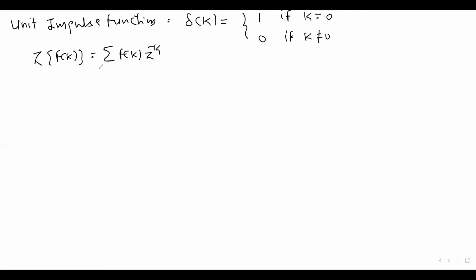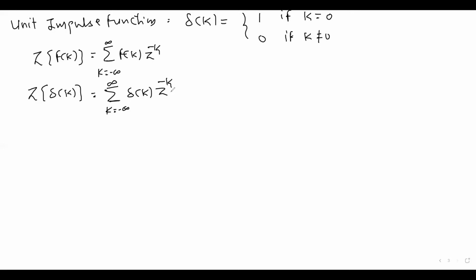It means the domain is k running from minus infinity to plus infinity. Now put the value. f of k is delta of k, equal to the summation, k running from minus infinity to plus infinity, of delta of k Z raised to minus k.